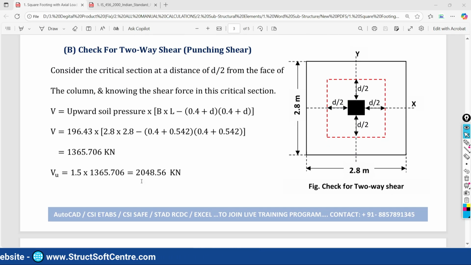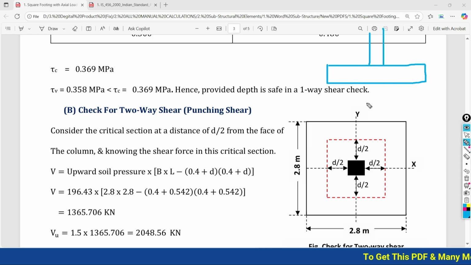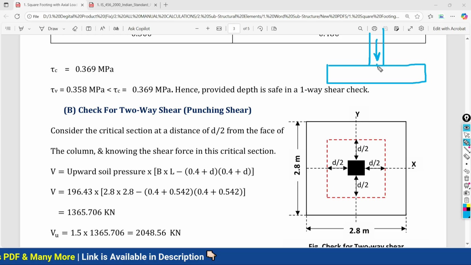Now the next check is your punching shear check, and it is a very interesting check. Have a look at what it means. This is my foundation and this is your column, and this column load is going to be considered as a point load over your footing.